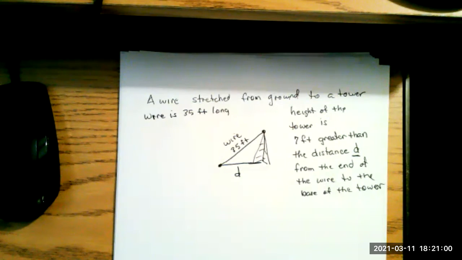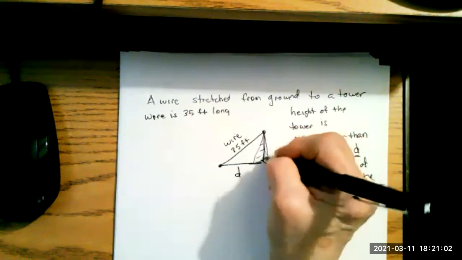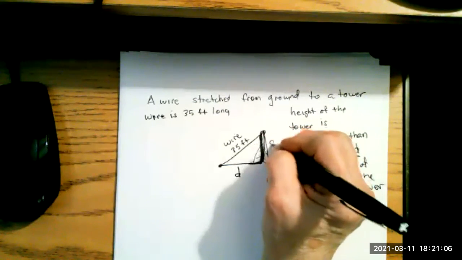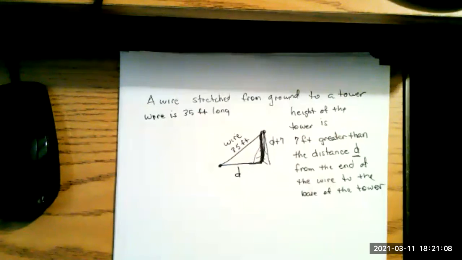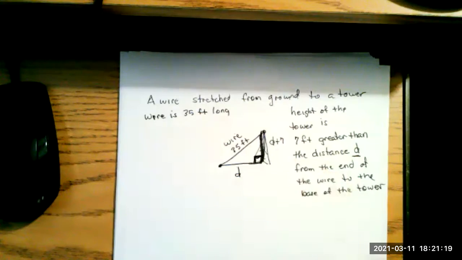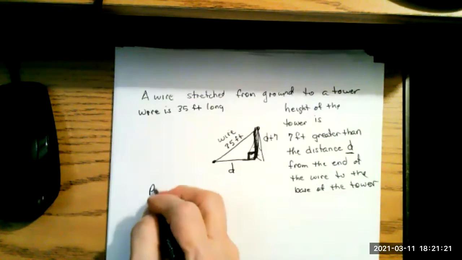Then our height is 7 feet greater. So this way up here is the height. That would be D plus 7. It's the height of your tower, 7 feet greater. Now, this is a right angle right here. So this is the Pythagorean theorem.